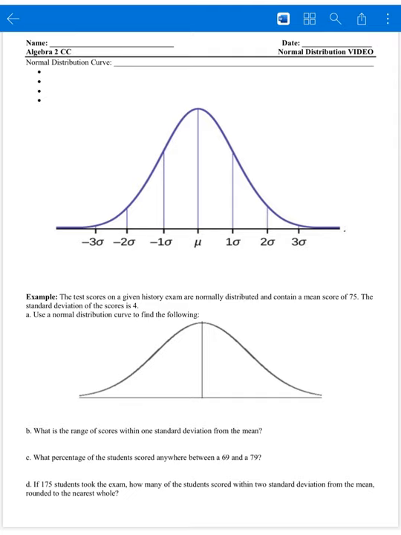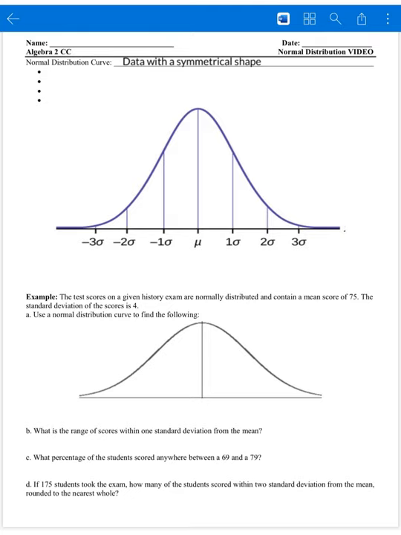Okay, so a normal distribution curve, we kind of talked about this last week, is also called a normal curve or a bell curve, probably you've heard it. It is data with a symmetrical shape. What we're going to be doing this week is really going to involve the normal curve, the one that's symmetrical.